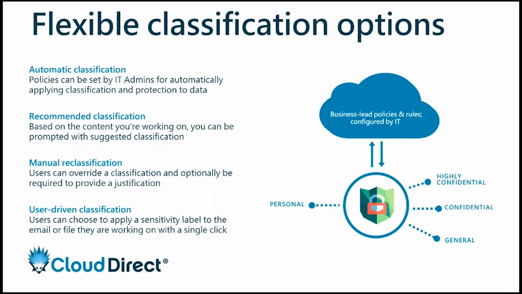However, users, if they do change the classification, are prompted to enter a reason to change that classification, so you have an audit trail of what's going on. So if someone decides to change a highly confidential categorized document down to personal or general, they'd have to type an entry to explain why, and there'll be a timestamp and a user ID against that in the log to see what's happened. So if you need to understand what's going on in the future, you've got that history available to you.